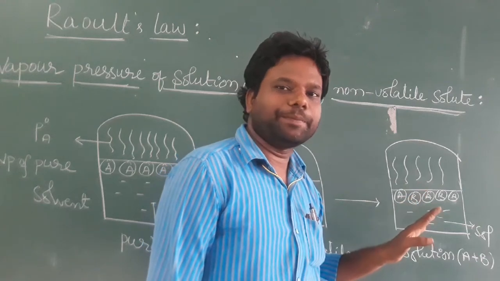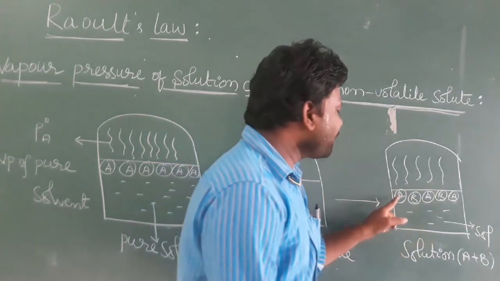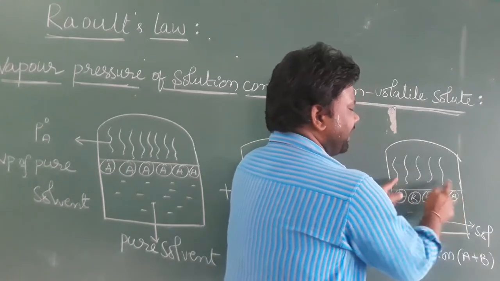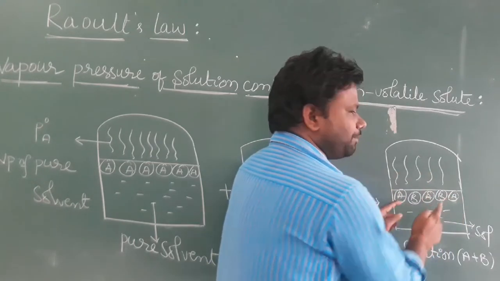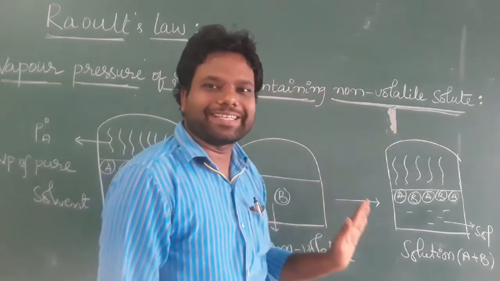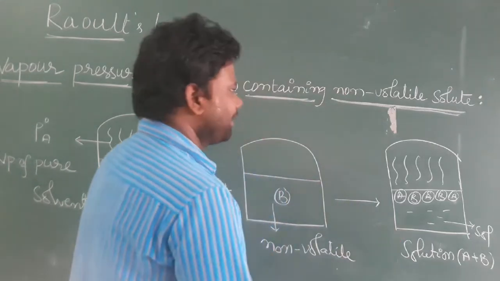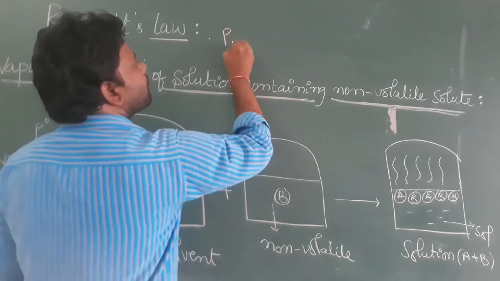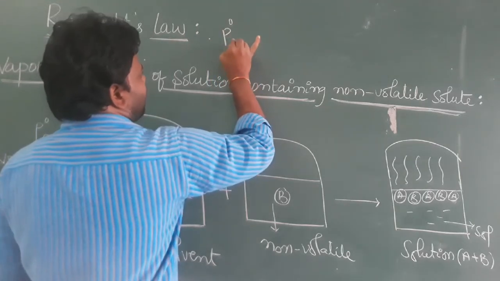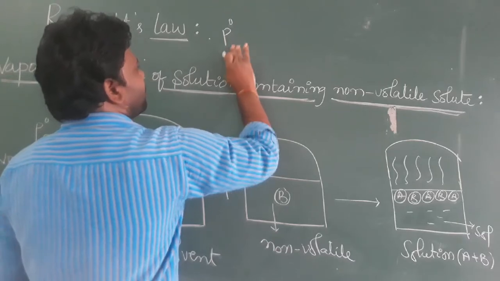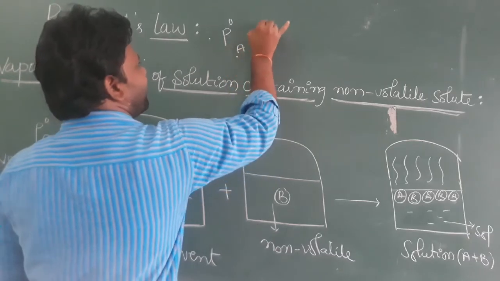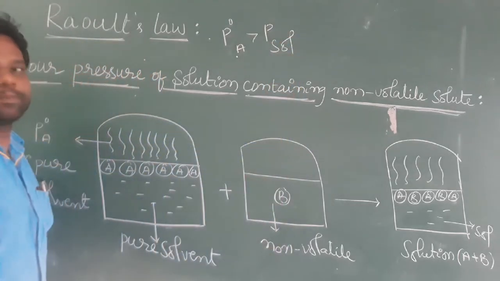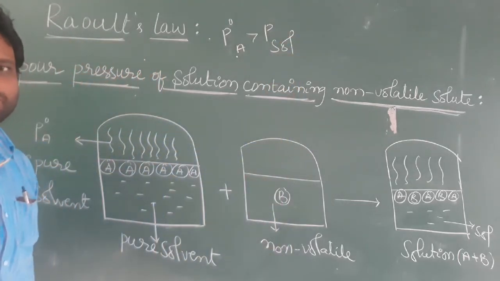The number of solvent molecules escaping from the surface of the liquid decreases, so the vapor pressure of the solution decreases. That means the vapor pressure of pure liquid is greater than the vapor pressure of solutions.